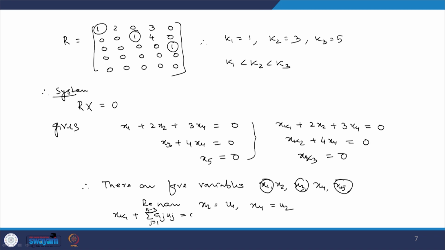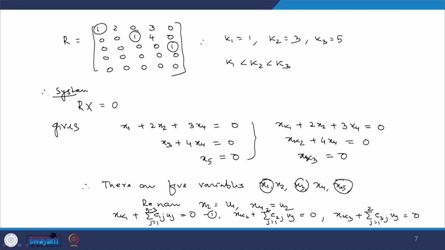This is the first equation, and the second equation x_k2 plus sigma c2j uj, j equal to 1 to 5 minus 3, equal to 0, and x_k3 plus sigma c3j uj, j equal to 1 to 2, equal to 0.